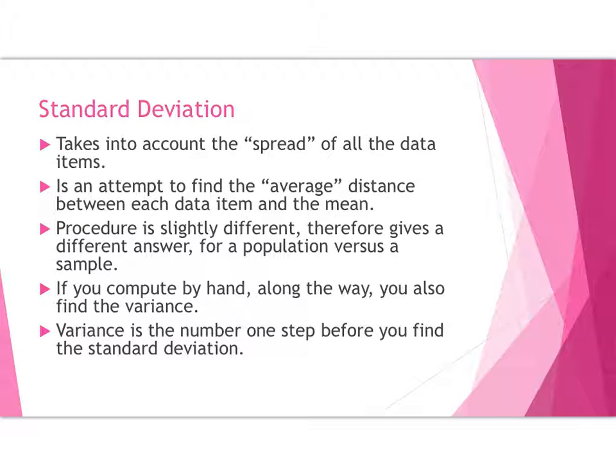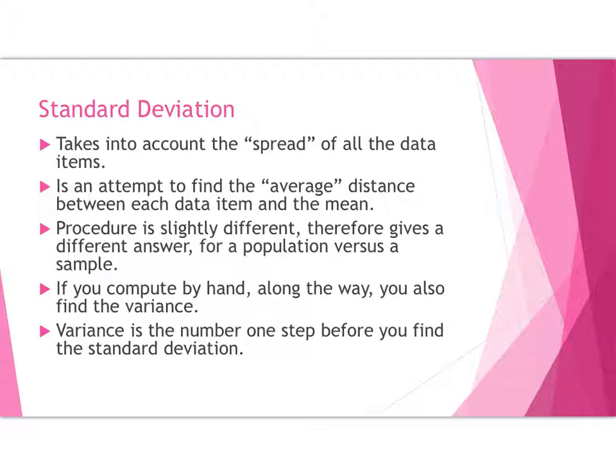The standard deviation, though, takes into account every single data item. There's a formula, a procedure that we do to find the standard deviation, and it's actually different if our data is a population versus the data being a sample.